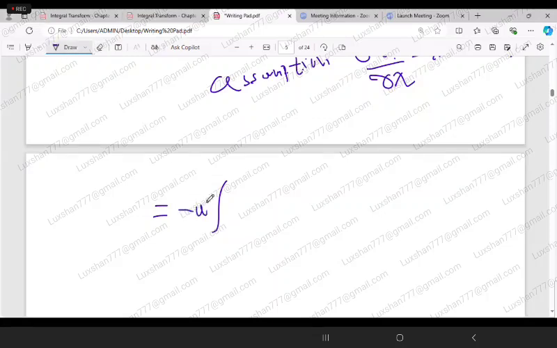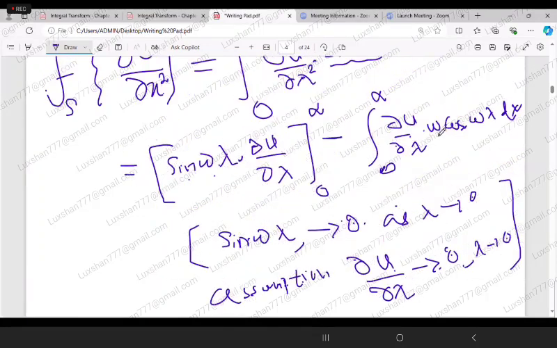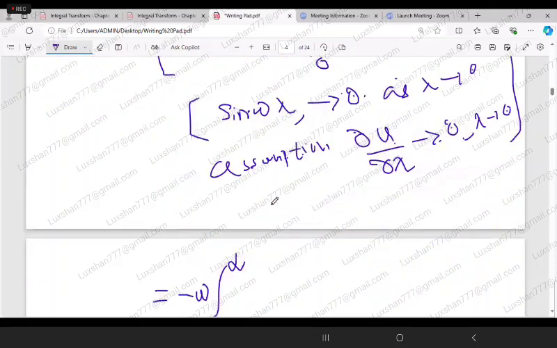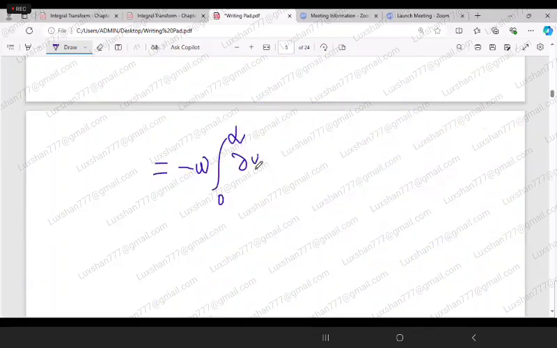So minus omega, integral 0 to infinity of ∂u/∂λ cos(ωλ) dλ. Let me write it clearly: ∂u/∂λ into cos(ωλ) dλ.